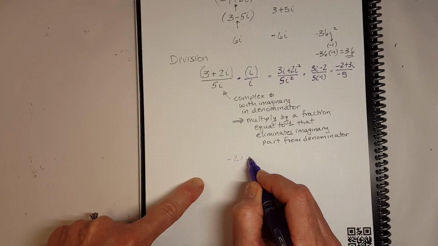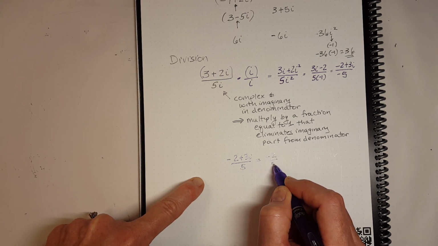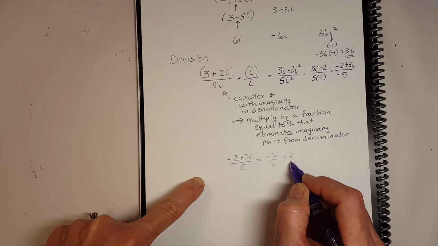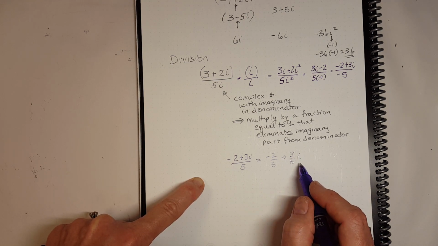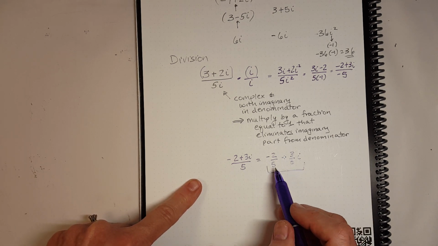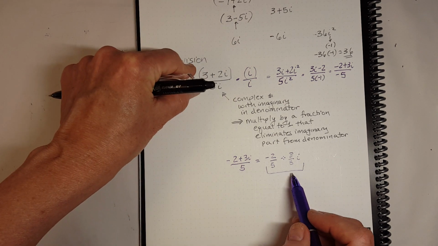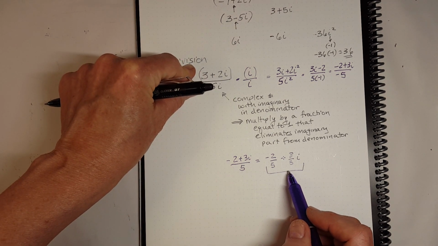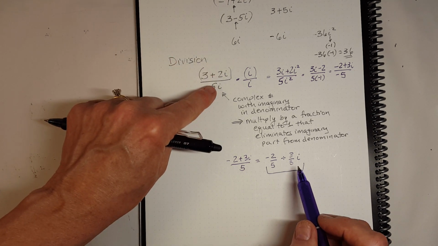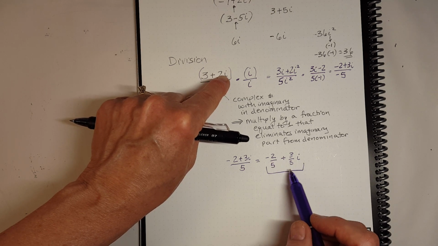Negative 2 plus 3i over 5 could also be written as negative 2/5 real part plus 3/5 i imaginary part. And so I can write it as one complex number with a real part and an imaginary part. So that division problem can be simplified to one new complex number. Okay, and notice it's not 2/5 i, just because the 5i is under the 2i. Notice that it's not the same there.